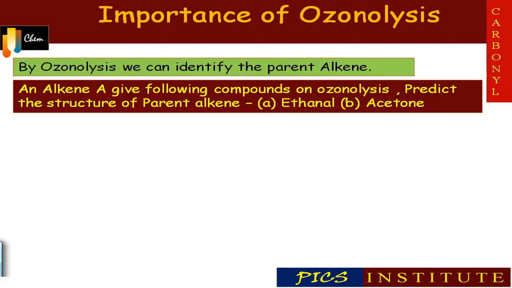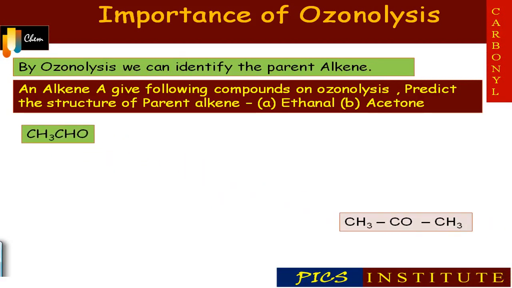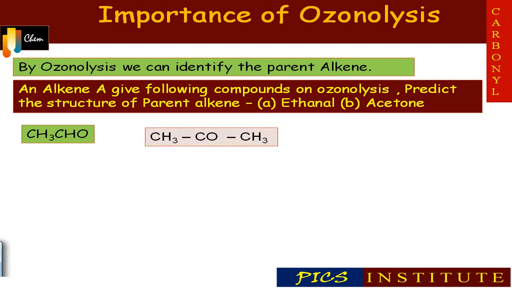So this problem can be solved as write both the products of ozonolysis in a sequence as they are given. First is ethanal and second is acetone. Write both the molecules in such a manner that their oxygen faces towards each other.